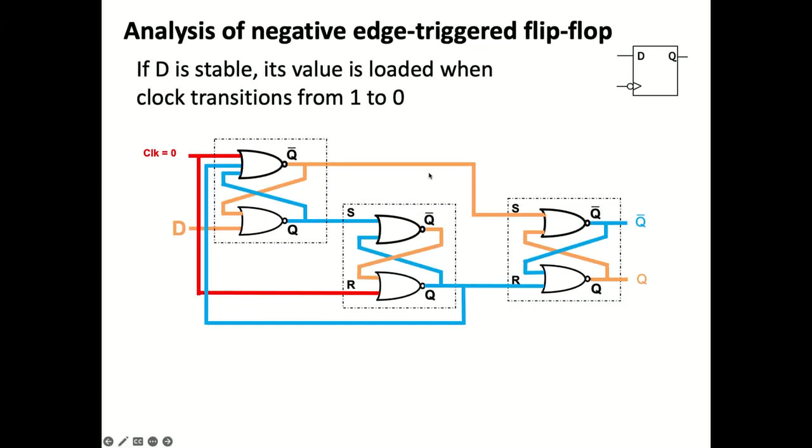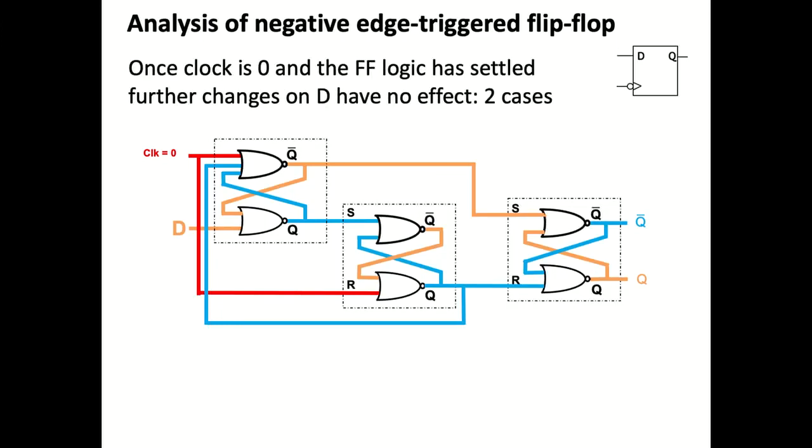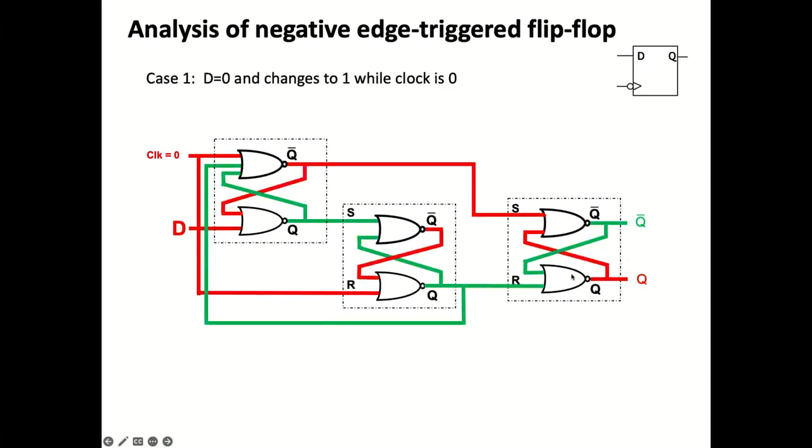Okay, so let's check that. Okay, so clock is 0, and the flip-flop has settled. What happens if D changes now? We don't want anything to change the final latch here. Well, all right, so there's 2 cases. Suppose D was 0. So if D is 0, that means that we reset this.